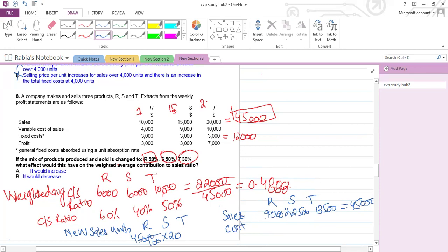What is our contribution? It is 60%, 9,000 into 0.6, 5,400. Then 22,500 into 0.4, 9,000. 13,500 into 0.5, 6,750.